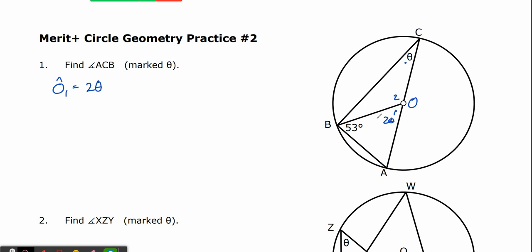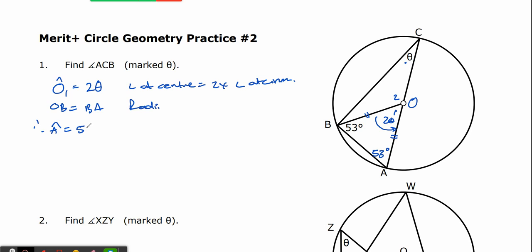And then I can also see that those are 2 radii, so OB is equal to BA because they're radii. And because this is radii, this is also going to be 53 degrees. So therefore, angle A is equal to 53 degrees.